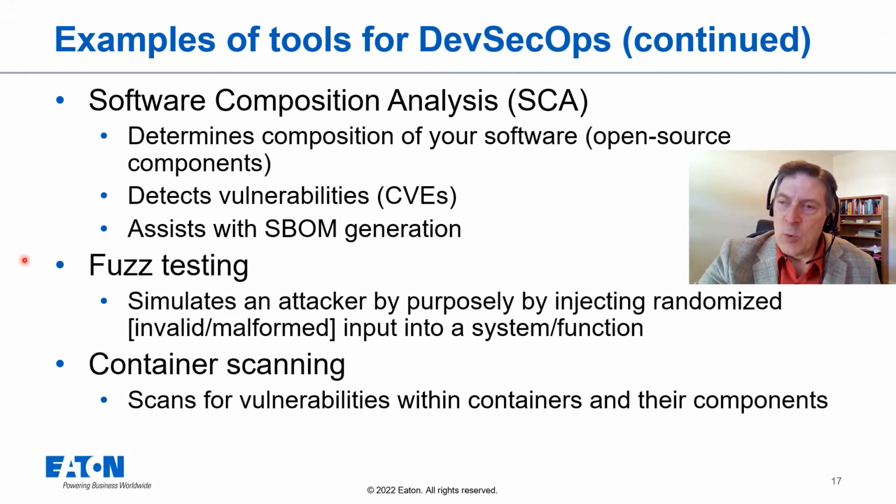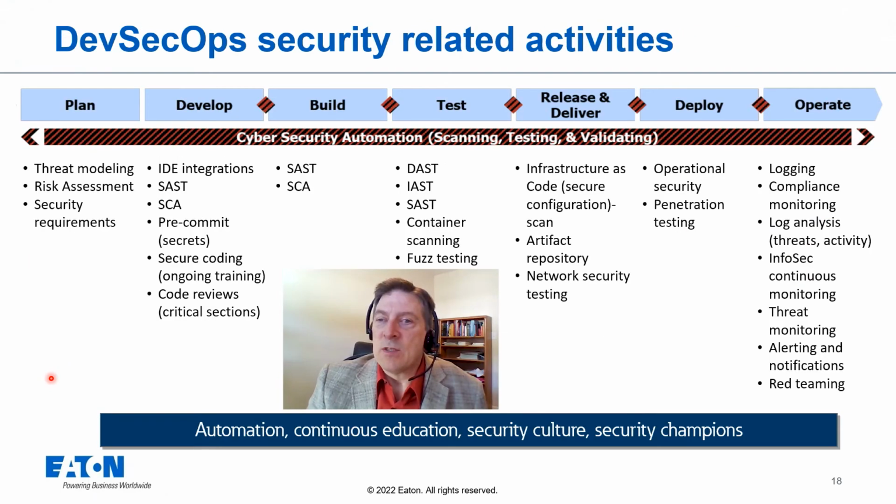And as a result, they can find vulnerabilities such as buffer overflow vulnerabilities, where an attacker can leverage that, insert their code into your running system at runtime, and fuzz testing is a way to help catch that. And then, of course, we're deploying things in containers, so scanning containers and their components is also important.